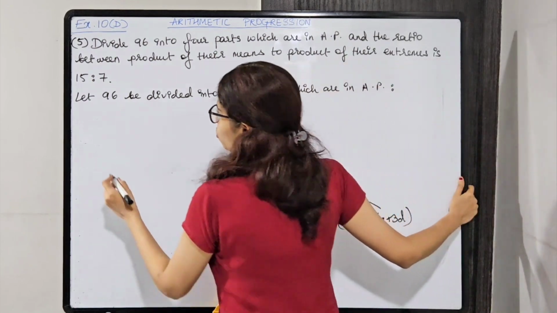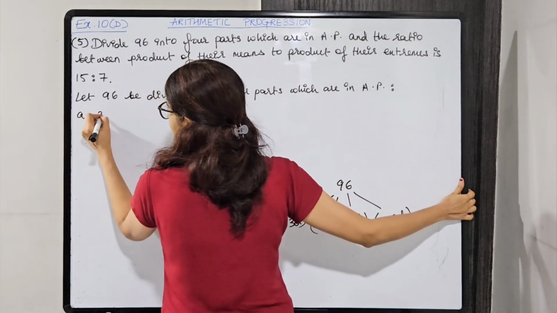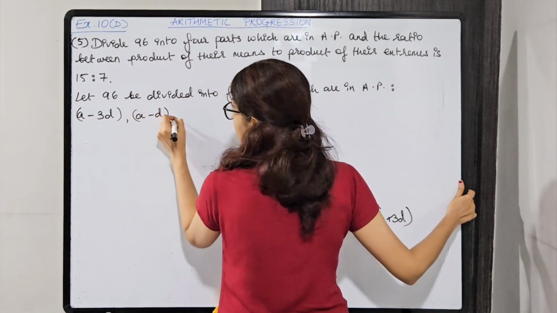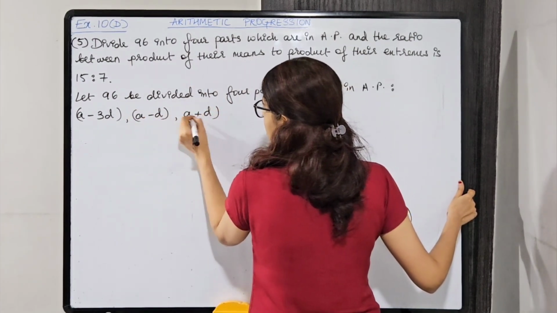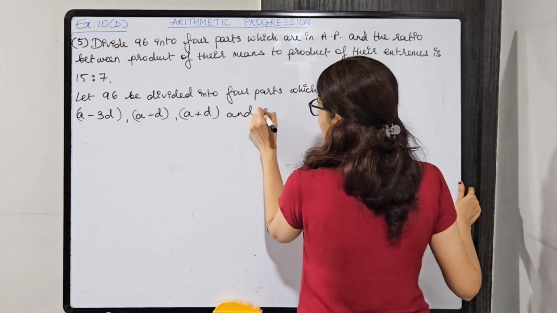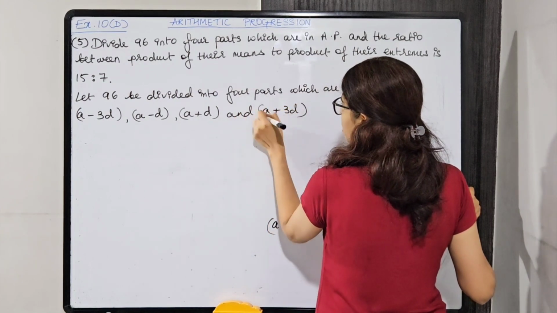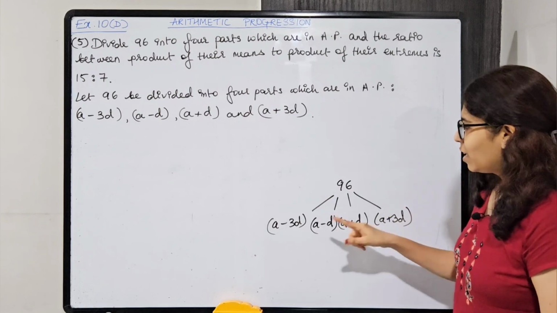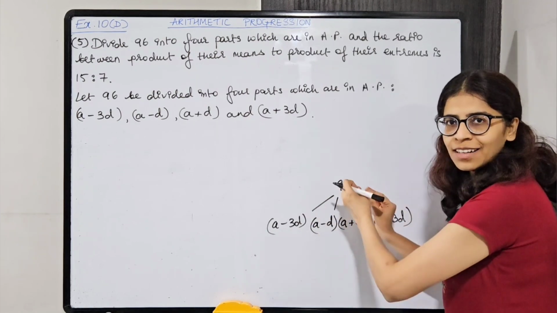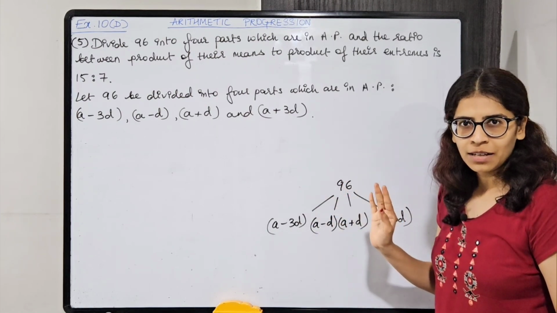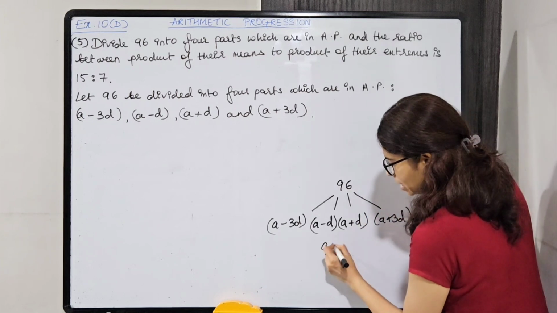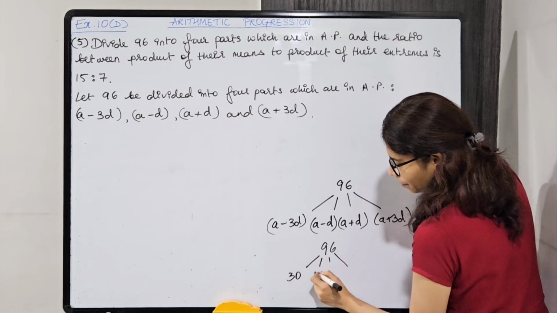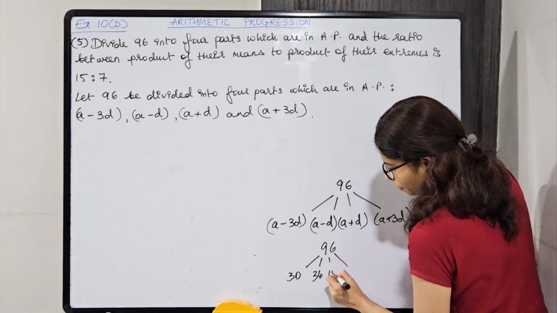Okay, so ये 4 parts लिखो, A minus 3D, A minus D, A plus D and A plus 3D. These are the 4 parts. Okay, now ये 4 parts को add करके मुझे वापस से 96 मिलेगा, right? Let's say 96 को I'm dividing into 4 numbers.